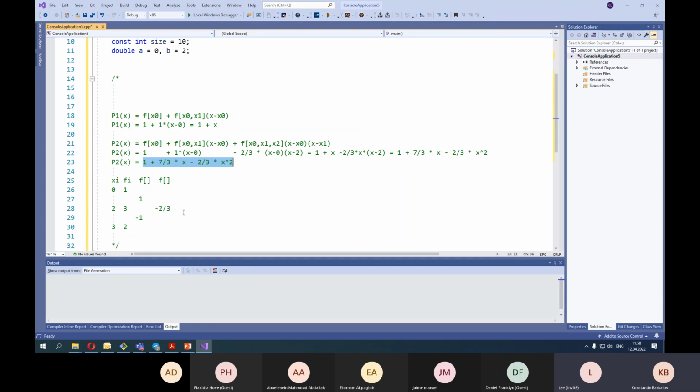The polynomial is the same. The notation of the polynomial is different. Okay? Any questions?